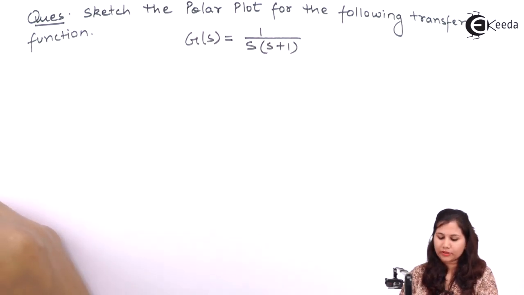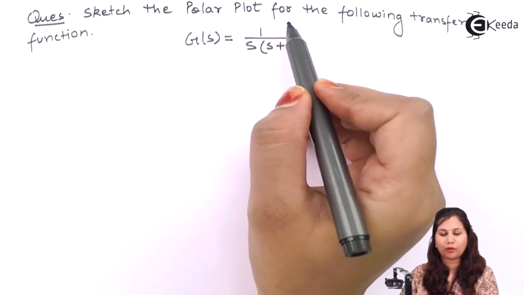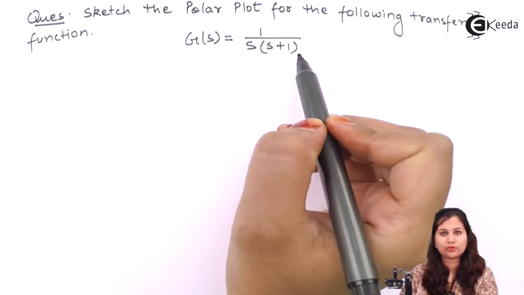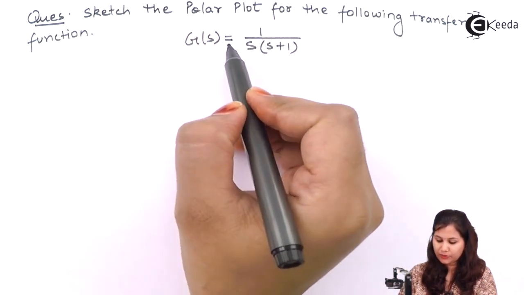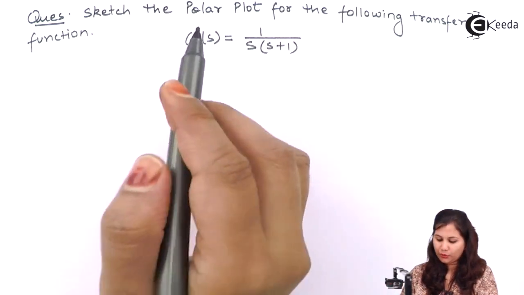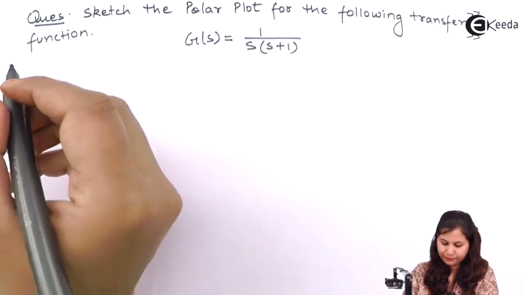Our problem is to sketch the polar plot for the following transfer function, and the transfer function is given to us as G(s) equals 1 upon s plus 1. So let's try to solve this.